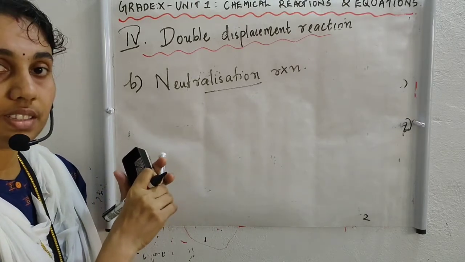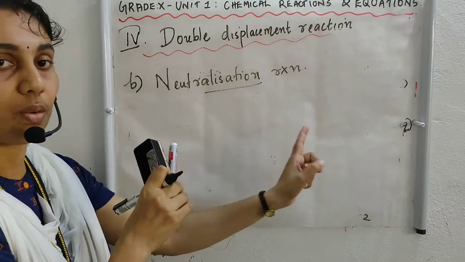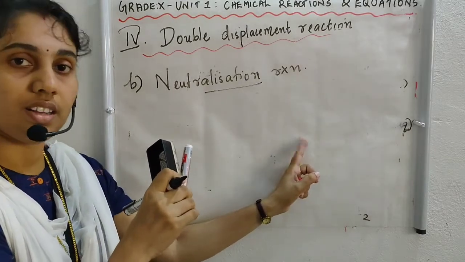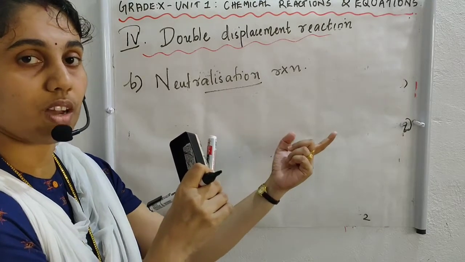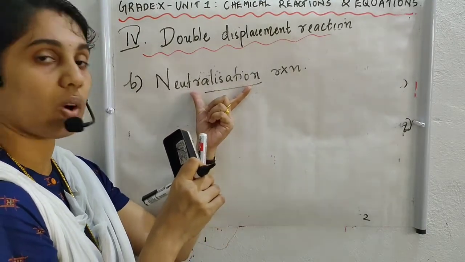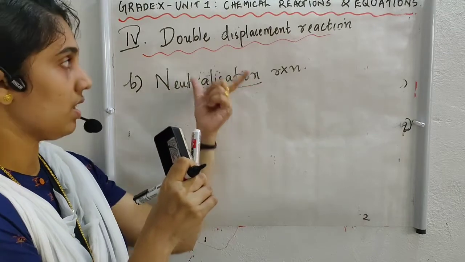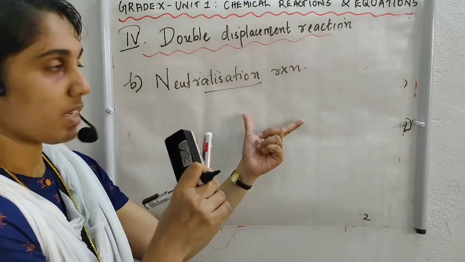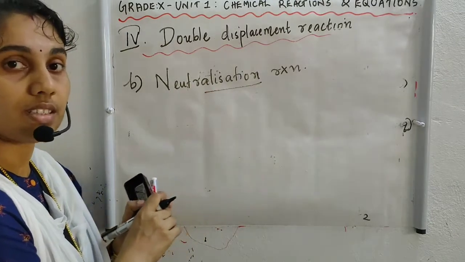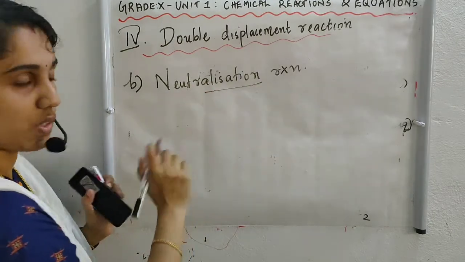In the reaction between an acid and a base, the resulting substances are salt and water. Acid reacts with base to form salt and water. That sort of reaction we call a neutralization reaction.